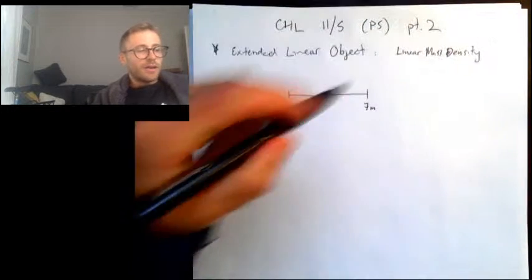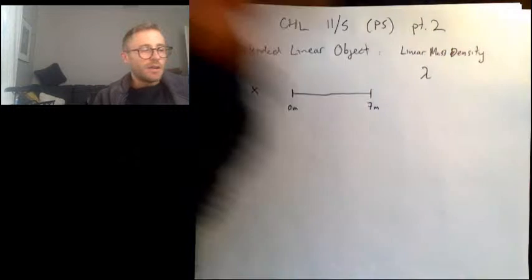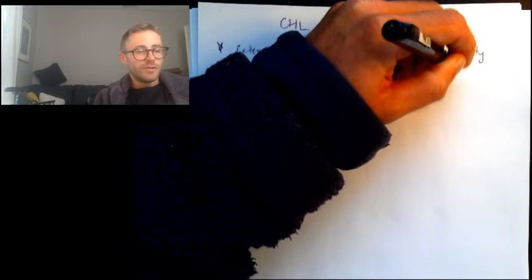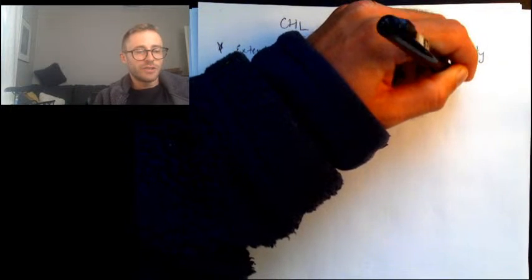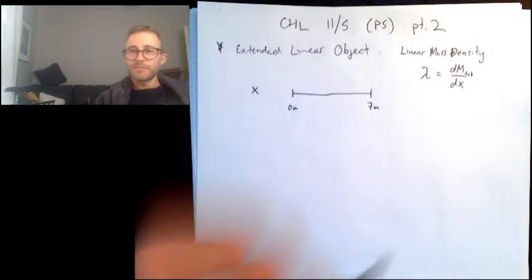The linear mass density is denoted by lambda. And lambda is equal to the change in mass per change in x, the change in total mass per change in x.